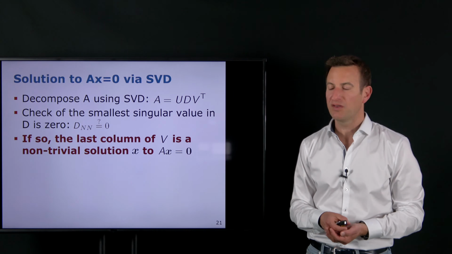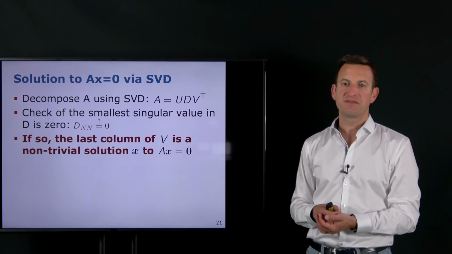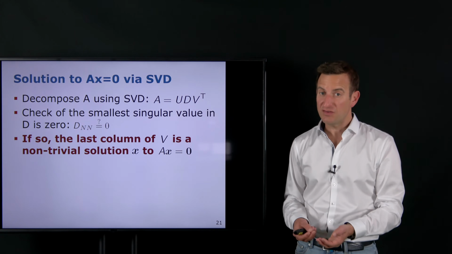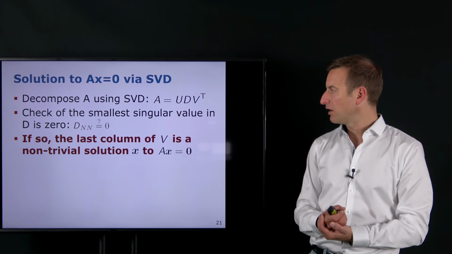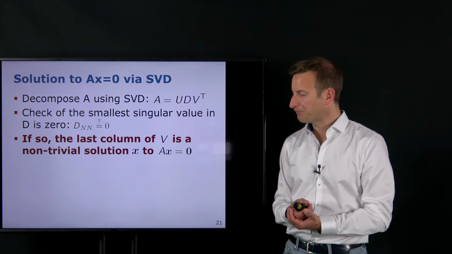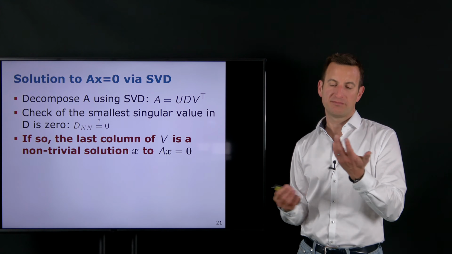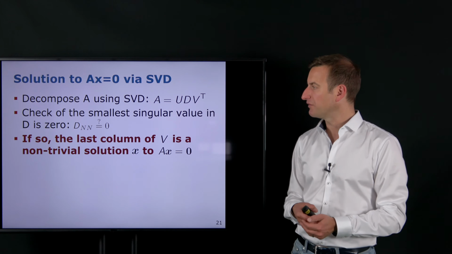So what I need to do is I basically need to inspect the smallest element of D, the smallest singular value of D, and see is it 0? If it is 0, then I can pick the last column of V, and then this is my solution because I found or extracted the singular vector that corresponds to the singular value of 0.